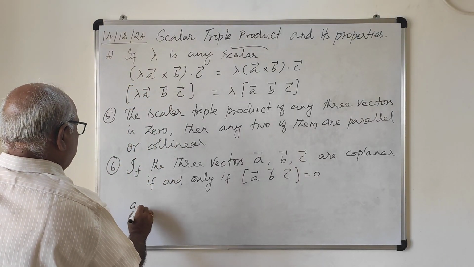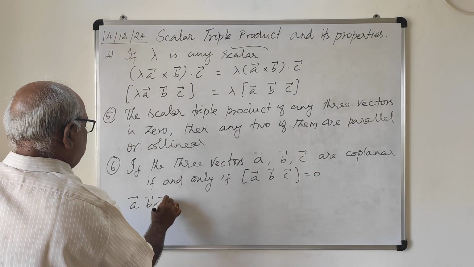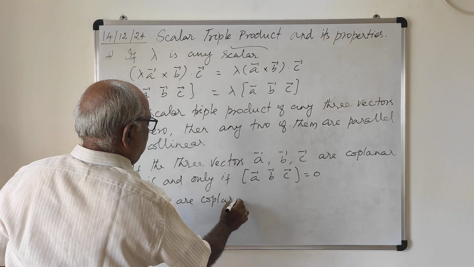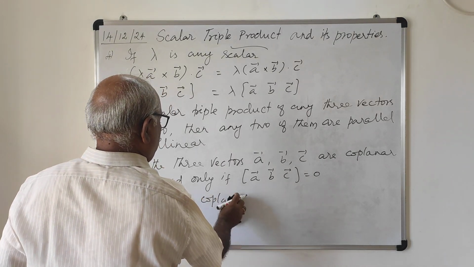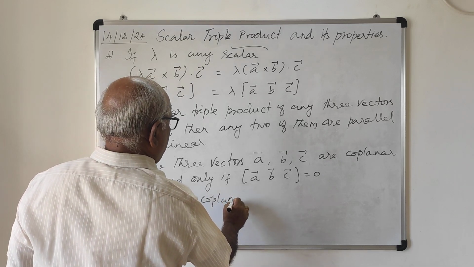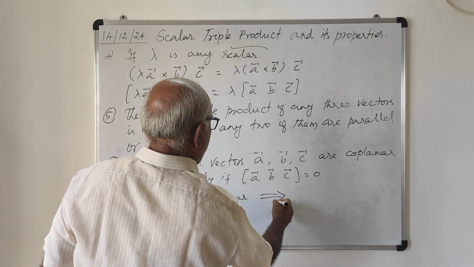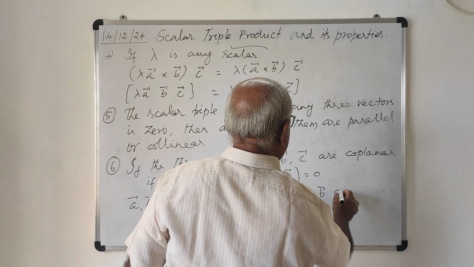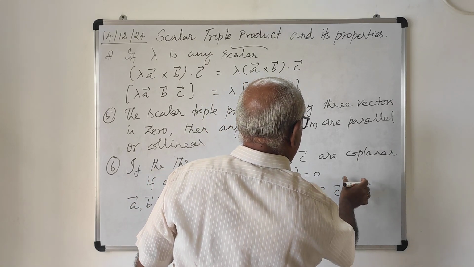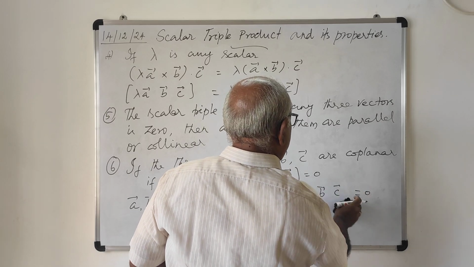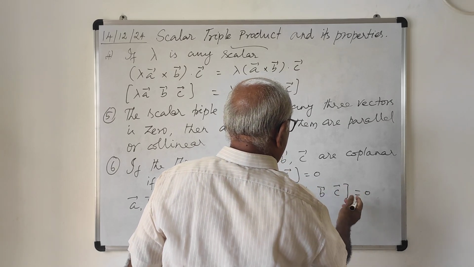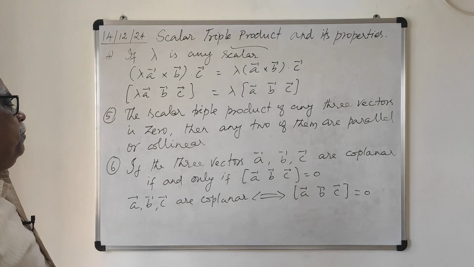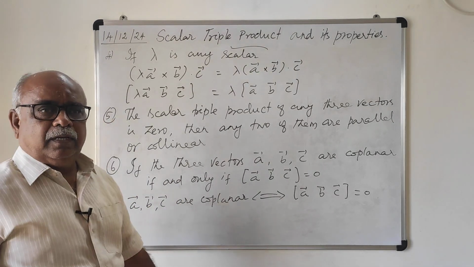It can be expressed as: A, B, C vectors are coplanar if and only if the box product A, B, C is 0. If the three vectors are coplanar, that box product is 0. If that box product is 0, the three vectors are coplanar. It is a two-way implication. This is property 6. Okay?